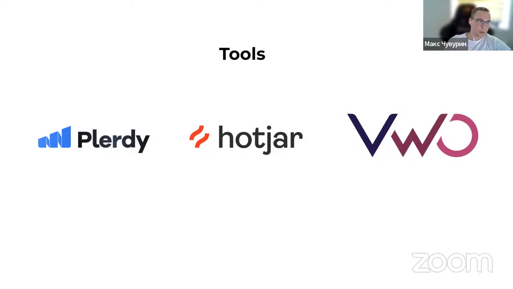Well, I personally use Hotjar and PlayerD, but I know that my colleagues use VWO. That depends on the product and business. So what's inside these products? This can be heat maps and scroll maps that allow us to see the target audience's engagement while interacting with pages and specific page elements.